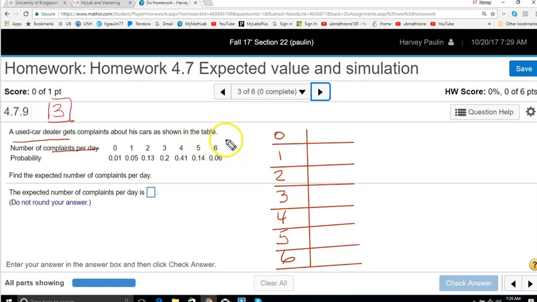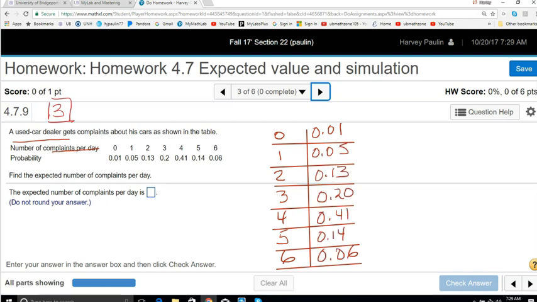But the probability of these are indicated by these numbers. So take a moment in your notebook for example 3. Going to produce this little chart, and then you're going to produce this next to it. For 0, it's 0.01, and copy these down. Then we'll get to our next step.